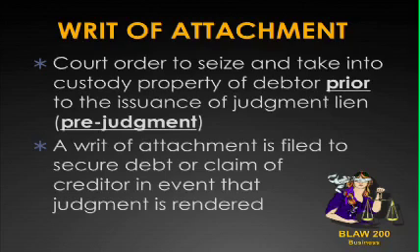Okay, so first is the writ of attachment, and this is interesting because you can look into a writ of attachment when you have a lawsuit but you don't have a judgment yet. So if you convince the court that, for example, someone is going to remove property that will be necessary for you to satisfy a judgment, then the court can have that attached. This is to secure a debt that, in essence, hasn't yet been proved, because your lawsuit is still continuing.